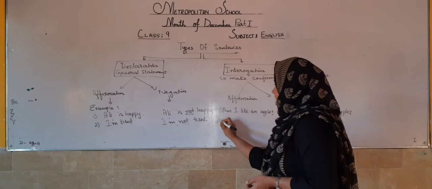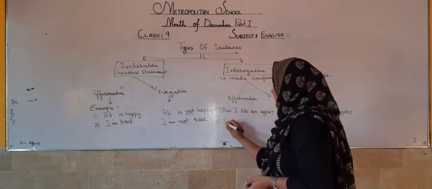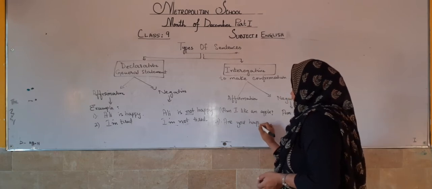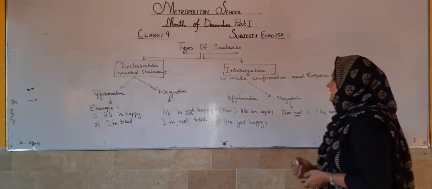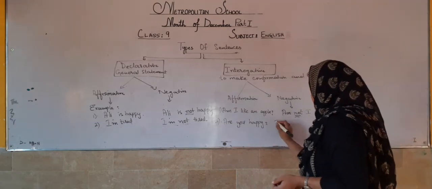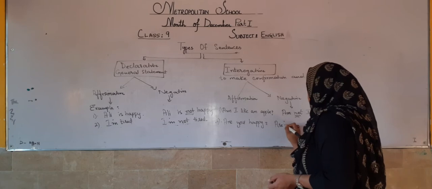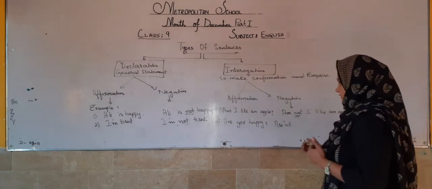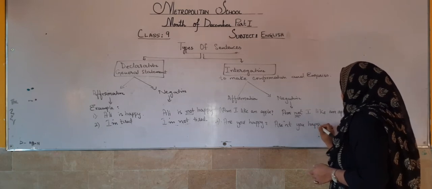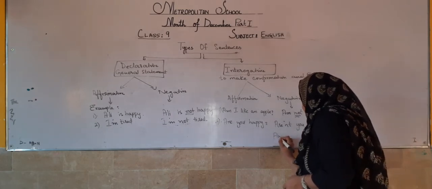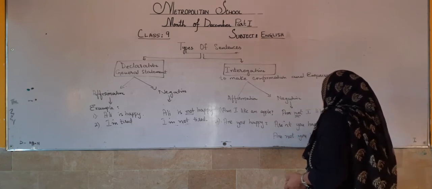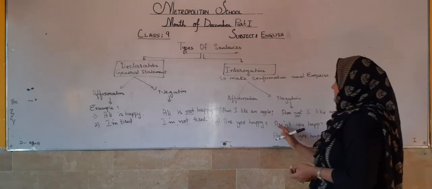For example, are you happy? I am going to change it into negative. This is the question: are you happy? Aren't you happy? Aren't, are not. You can write it: are not you happy? You can say both are right. But we use contractions in speaking.